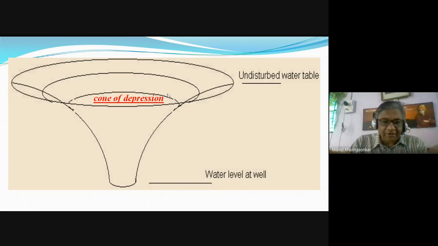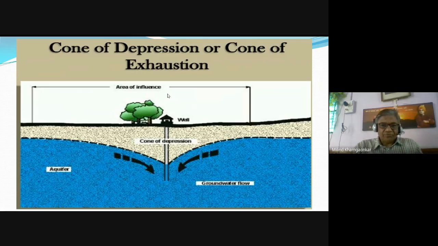To understand or to again imagine the concept, another sketch on the next slide I am showing. You can see here cone of depression, or it is also called as the cone of exhaustion. This is all the ground level. This is the well, and the water is being pumped out through the well. So naturally what will happen?